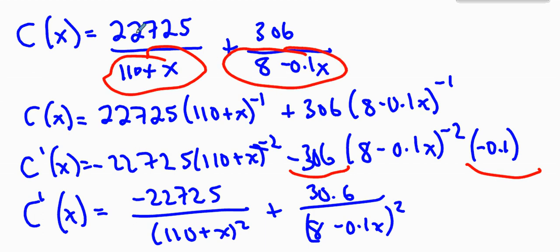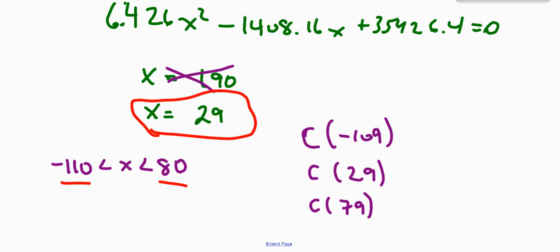So I'm going to go close to them and just double check that I don't have one of those situations where either the truck should basically crawl along at no speed or the truck should go ludicrously fast to the point of breaking land speed records. So in the original equation, I'm going to sub negative 109 in, and I get $23,012.10.